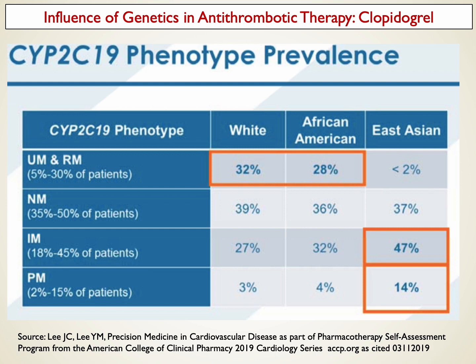For African Americans, that's similar but not identical. What we see, though, in East Asian populations is that many of those individuals have a deficiency of, or a diminished ability to metabolize, clopidogrel via 2C19.